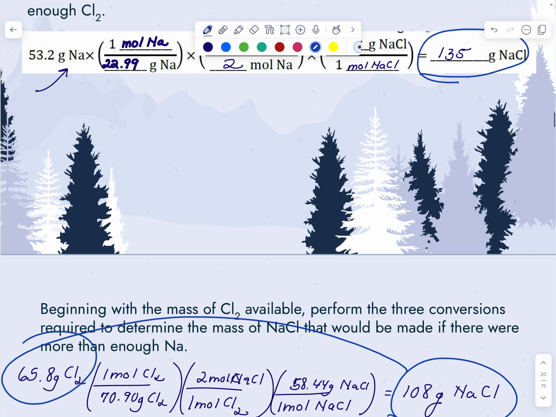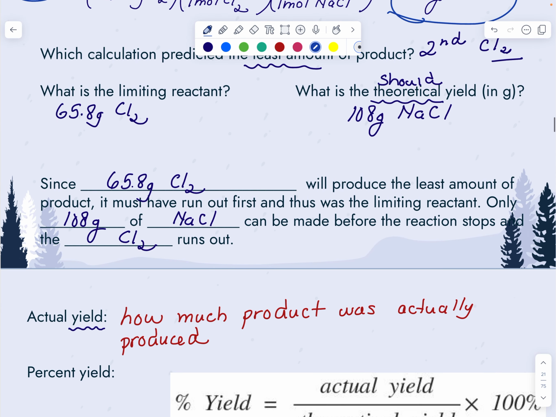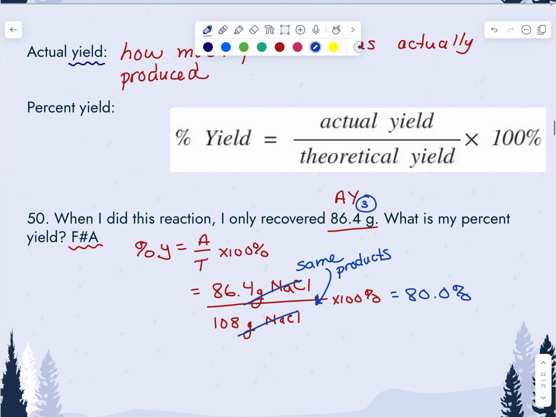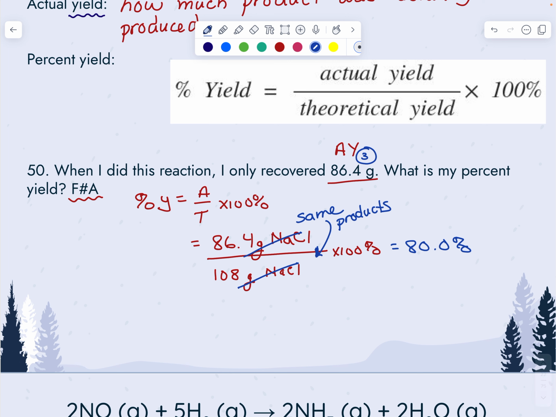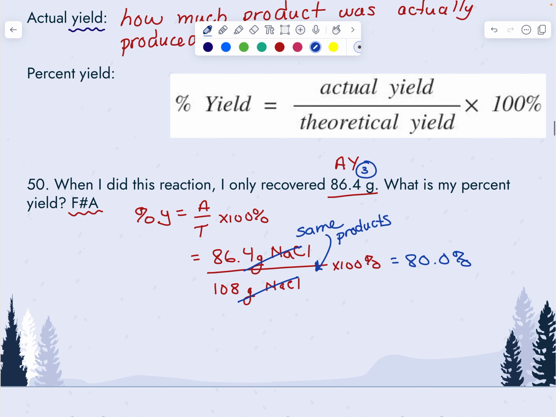So there's no way I could make 135 grams. So the 65.8 grams of chlorine was the limiting reactant, and 108 grams of NaCl was the theoretical yield. And then the second part of the question gave me the actual yield, and I was able to calculate the percent yield there.